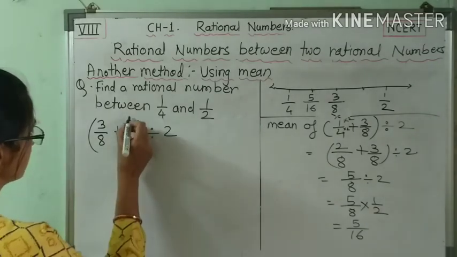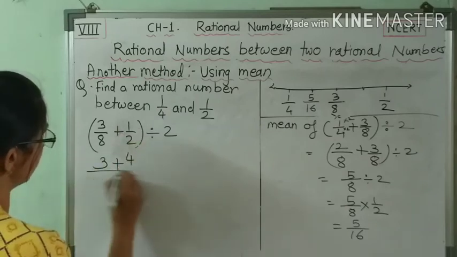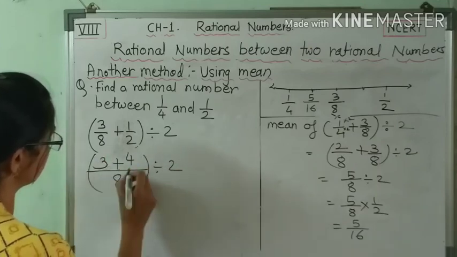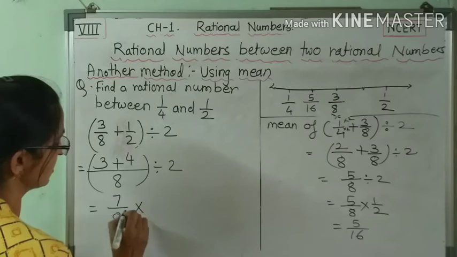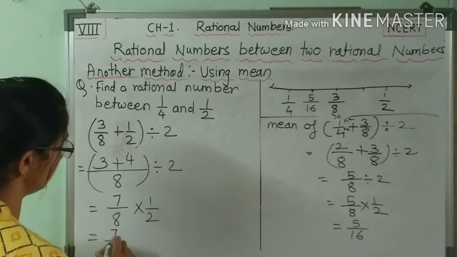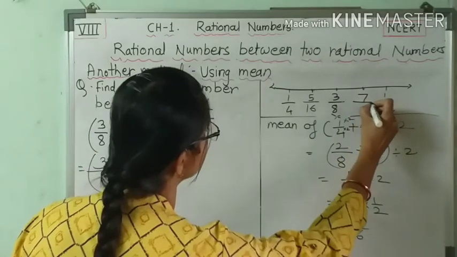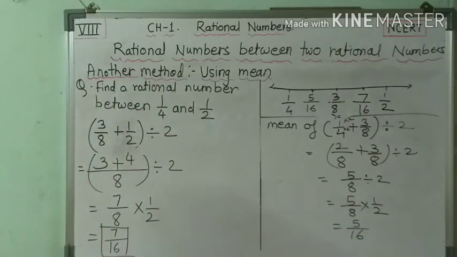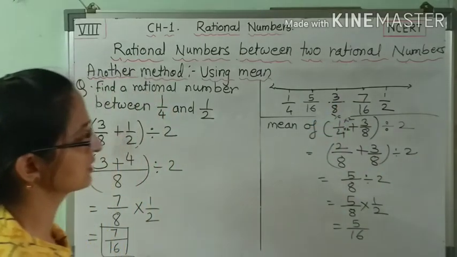LCM is 8, so multiply this fraction by 4, that is 4 1s are 4 and 4 2s are 8. 3 plus 4 is 7 upon 8. Divide by 2, that is multiply by the reciprocal of 2. The answer is 7 1s are 7, 8 2s are 16. So 7 upon 16 lies between 3 upon 8 and 1 upon 2.